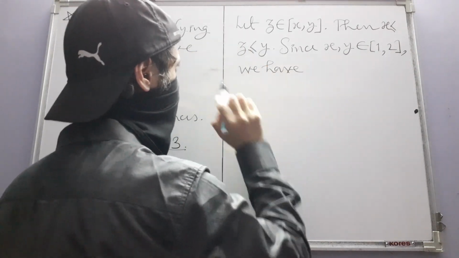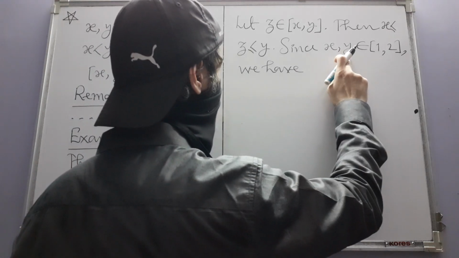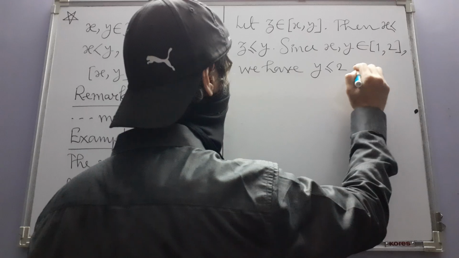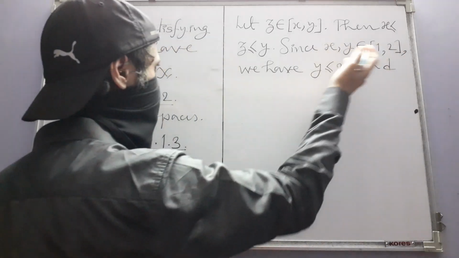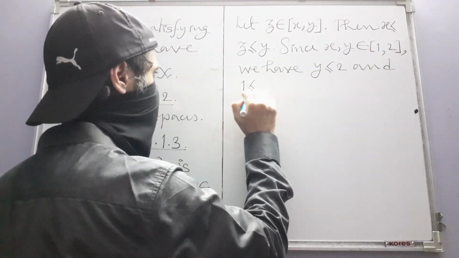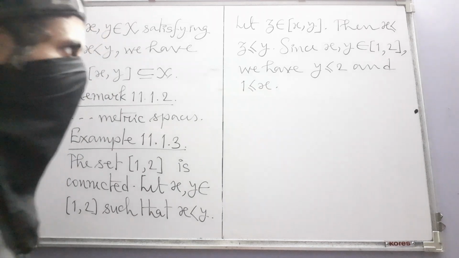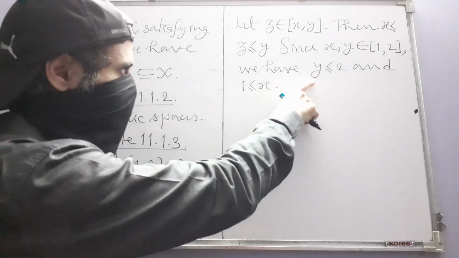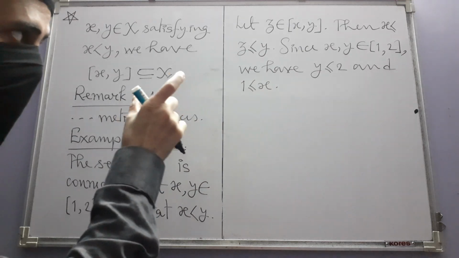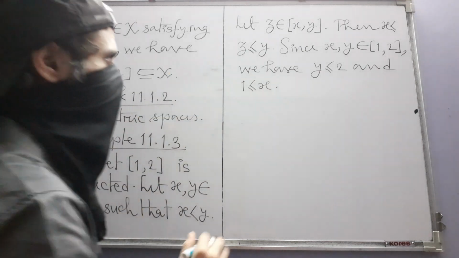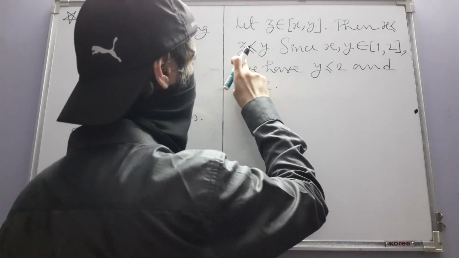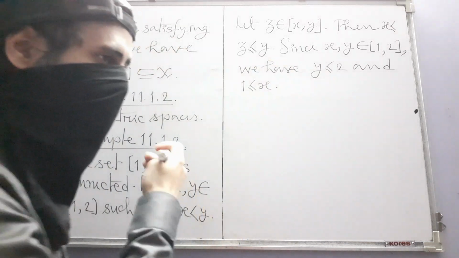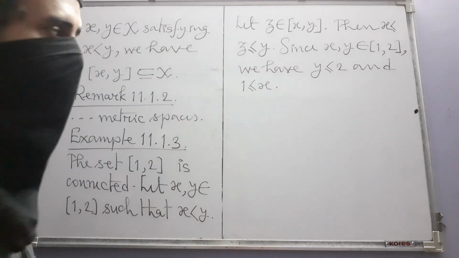we have two inequalities. y needs to be less than or equal to 2 and x needs to be greater than or equal to 1. Of course, x will also be less than or equal to 2 and y will be greater than or equal to 1, but we need these two specific inequalities. Because if you combine this with this, then you get the inequality that z is less than or equal to 2.